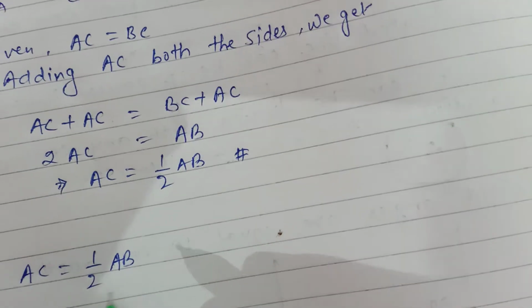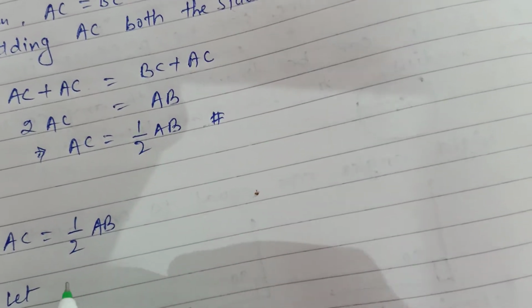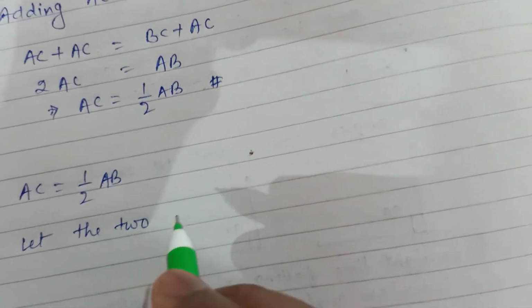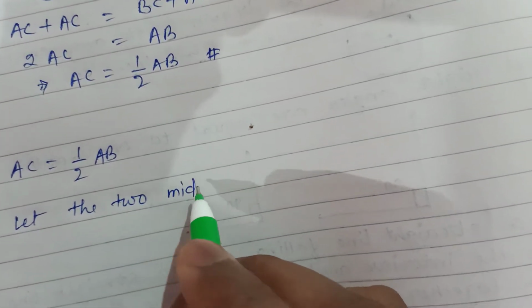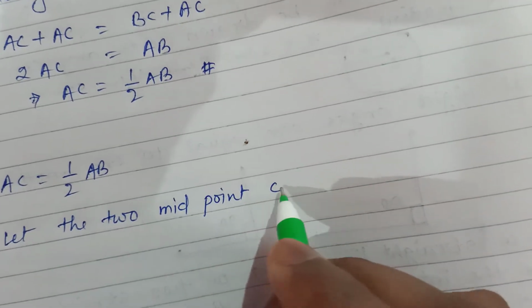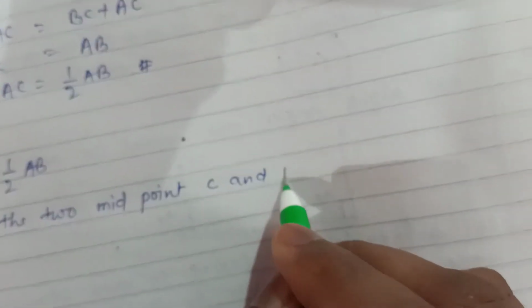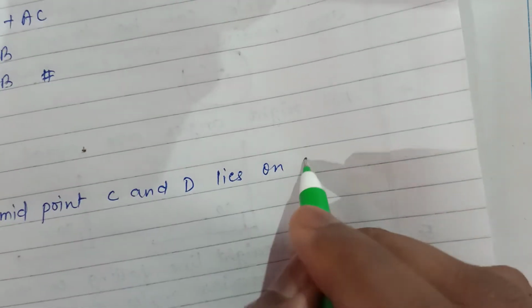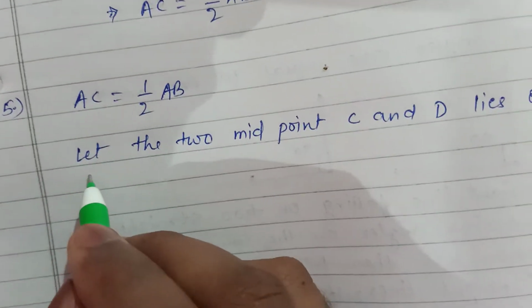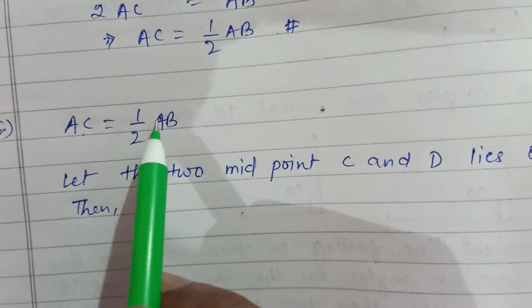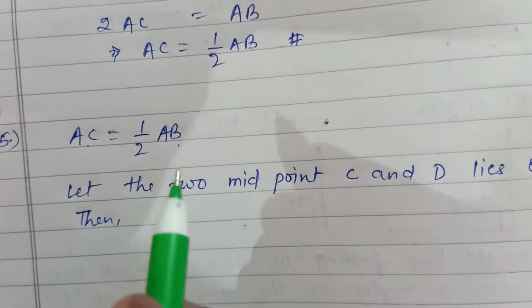Okay, and let me assume the two midpoints C and D lie on AB. Then AC equals half AB from question number 4.